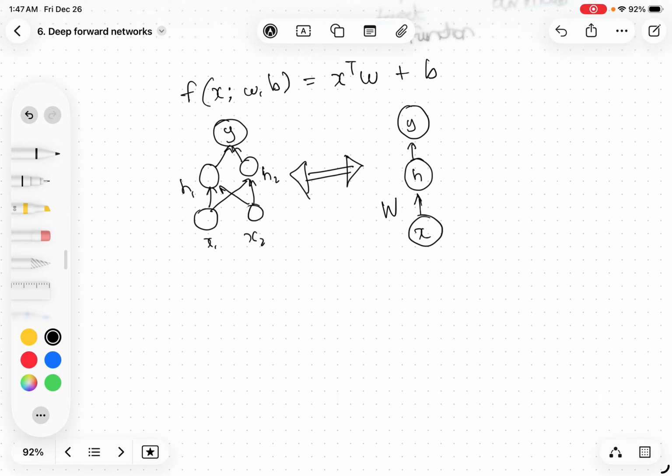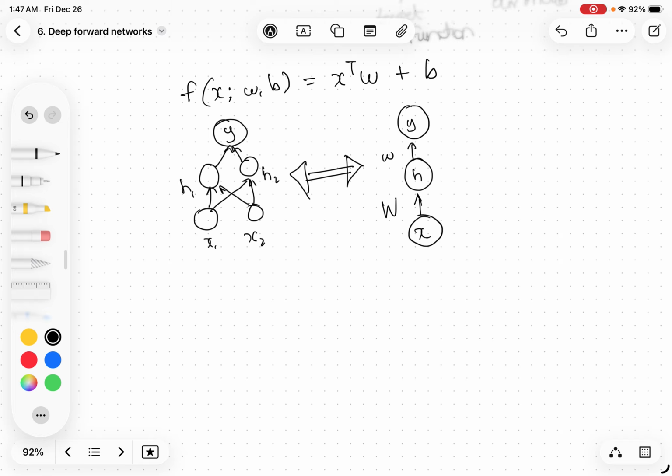Basically in this style, the matrix W describes the mapping from x to h, and a vector small w describes the mapping from the hidden layer h to the output layer y.